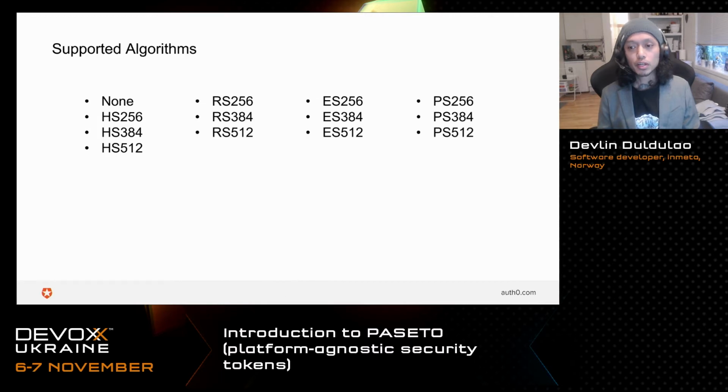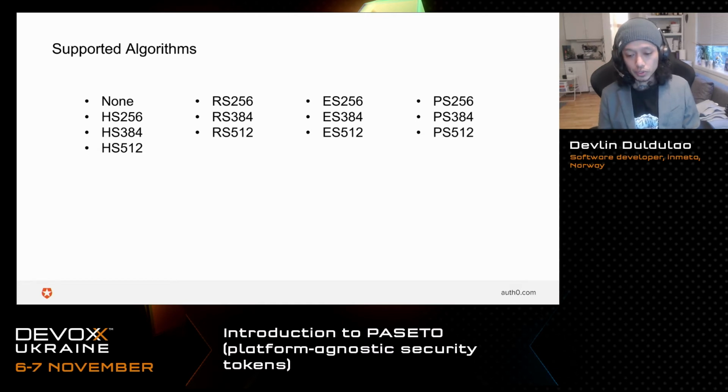And some supported algorithms here. We have HMAC plus SHA-256, which is symmetric, RSA plus SHA-256, which is asymmetric, and ES256, an asymmetric key cryptography algorithm using elliptic curve digital signatures, and PS256, which is RSA also, using SHA-256 and MGF1.